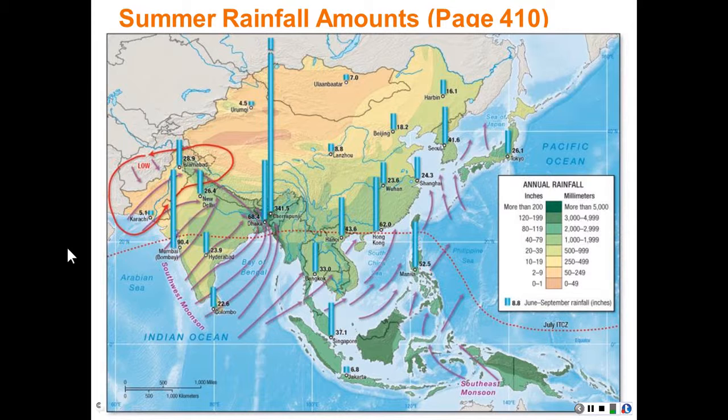The one exception to that is the desert region of western Pakistan. 5.1 inches is not very much rain for the entire year, creating a desert-like condition even during the period of the summer monsoon, which is the wet period.